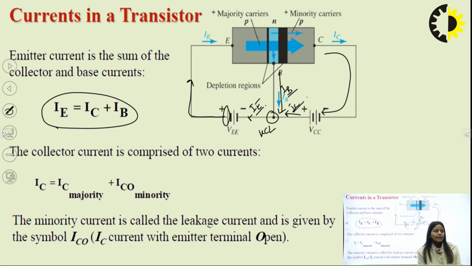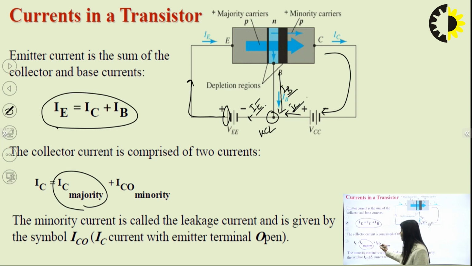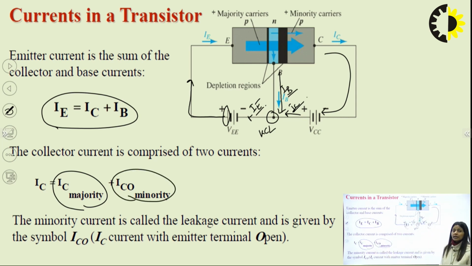So the total collector current is IC majority plus ICO minority. The collector current is the sum of the majority carrier current and the minority carrier current, right? The minority current is called the leakage current and is given by the symbol ICO.